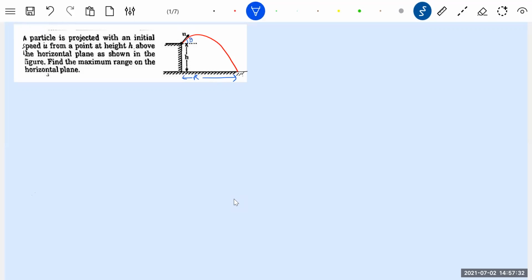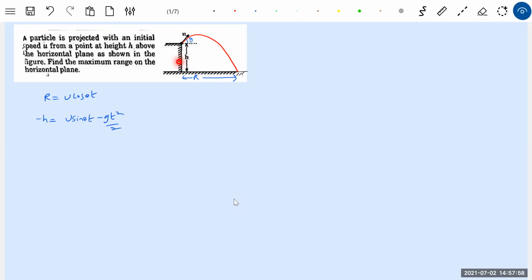So it has to descend a height h. What are the equations of motion? R equals u cos theta into t. Then minus h is equal to u sin theta t minus g t square by 2.